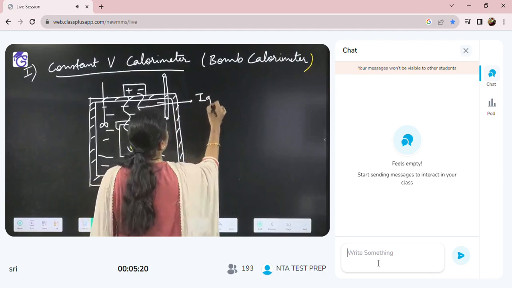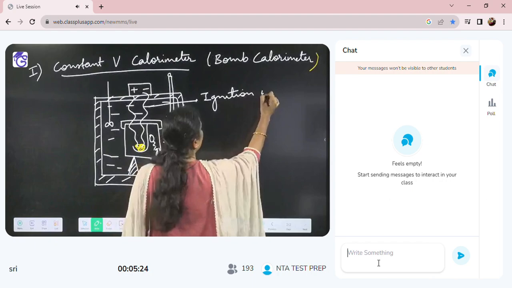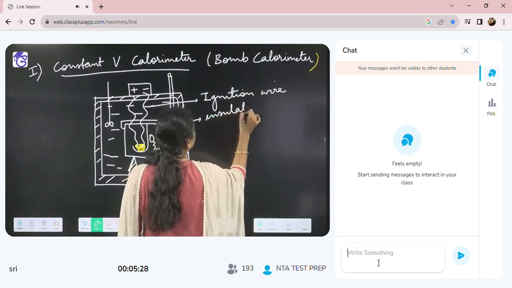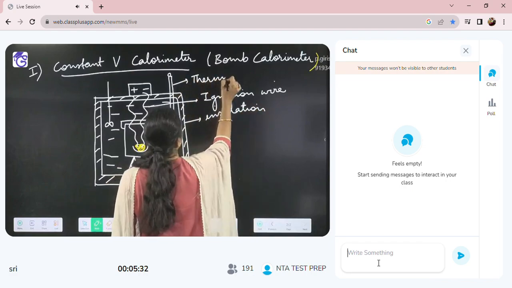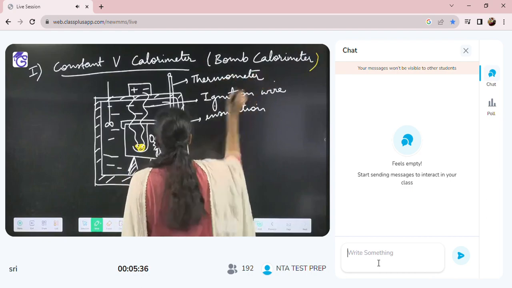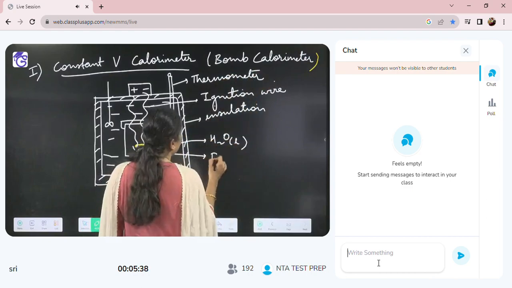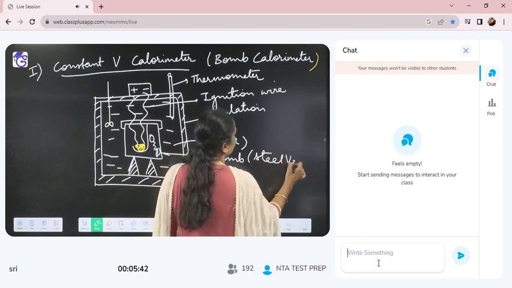This is ignition wire. Insulation here. Thermometer, which you are able to see. Here H2O liquid. This is the bomb or steel vessel whose volume will not change when the reaction is going on.